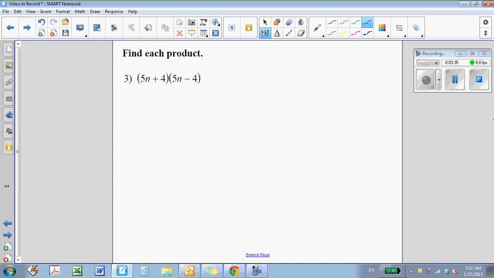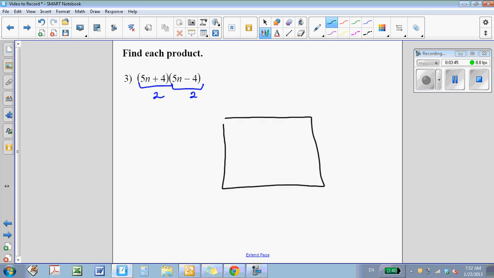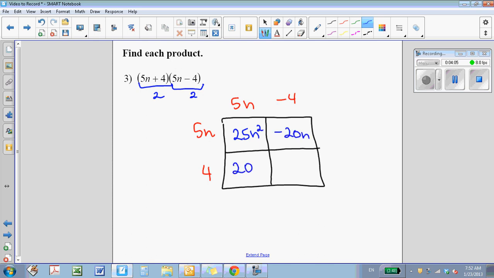Okay, so very similar, we have a binomial times a binomial, so I need a 2 by 2 rectangle. And I'm going to set this up, so 5n plus 4 times 5n minus 4, and we're going to multiply this out. 5n times 5n gives us 25n squared, negative 20n, positive 20n, and negative 16.